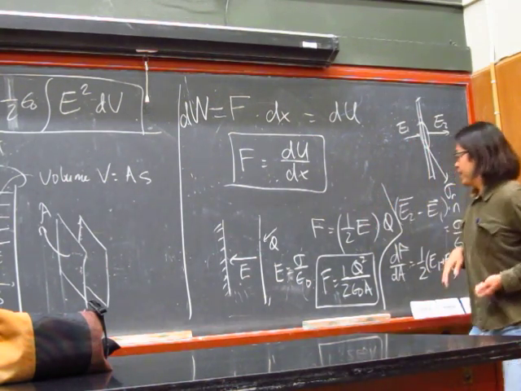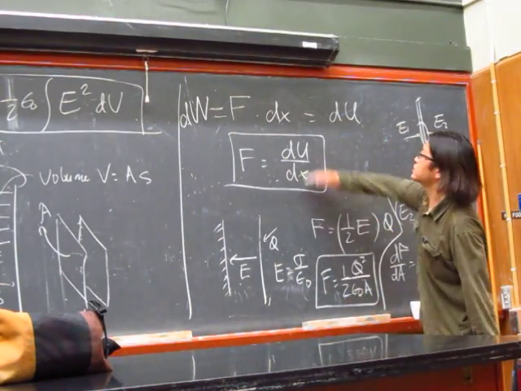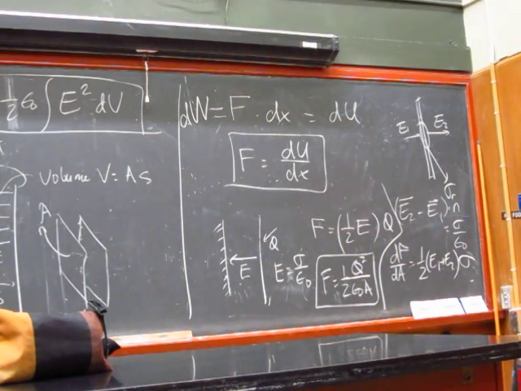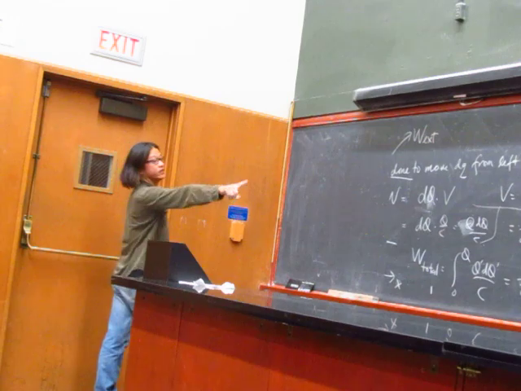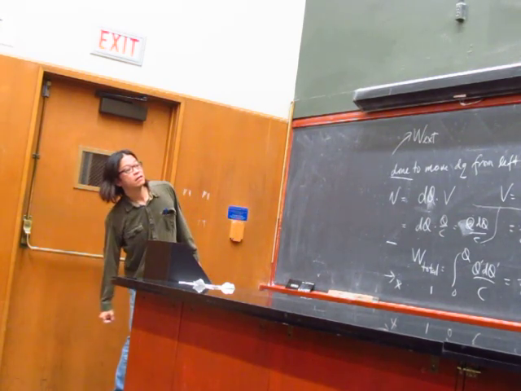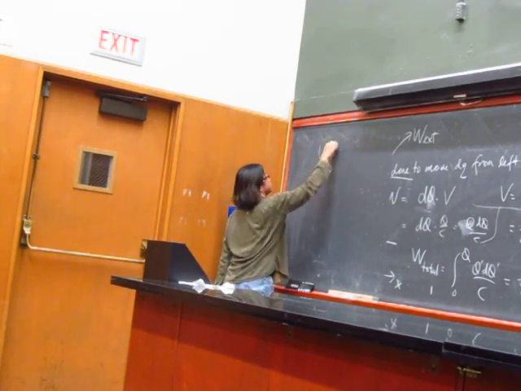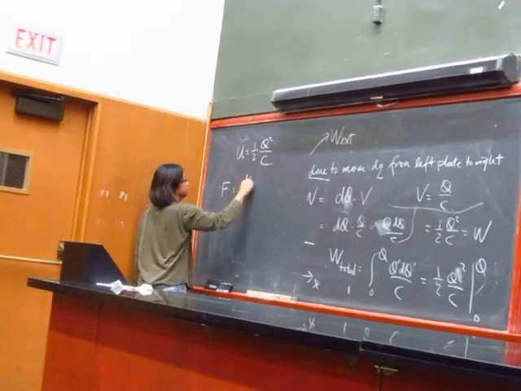Okay. And my point is that this force is just the derivative of the energy, right? If you look at the expression of the energy, U is equal to 1/2 Q squared over C, and force is the derivative.